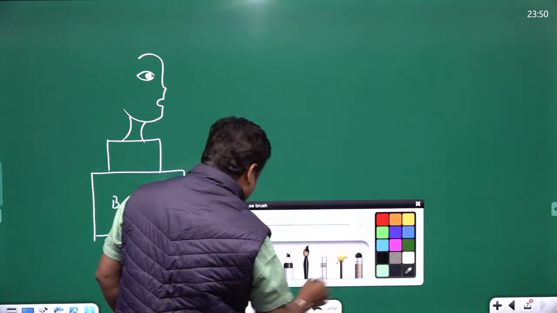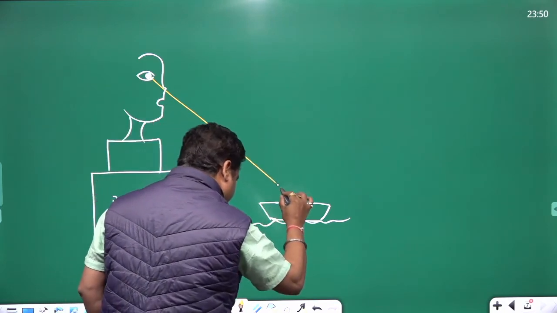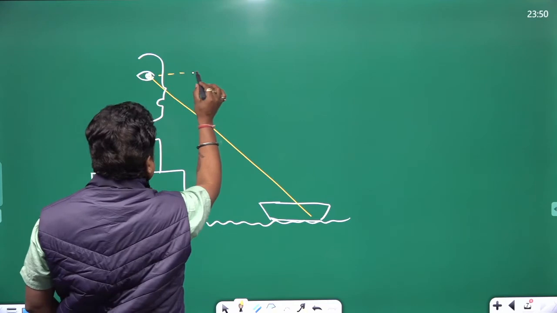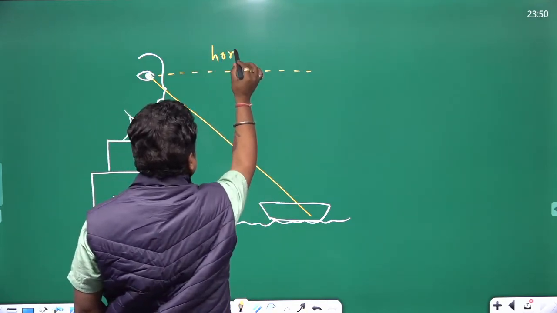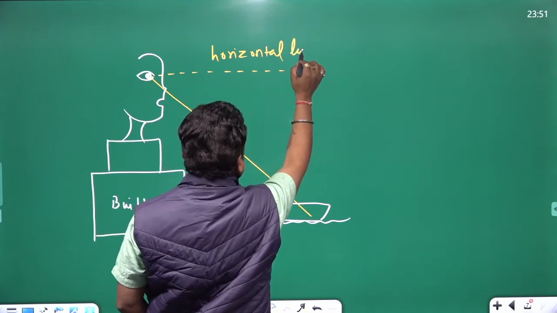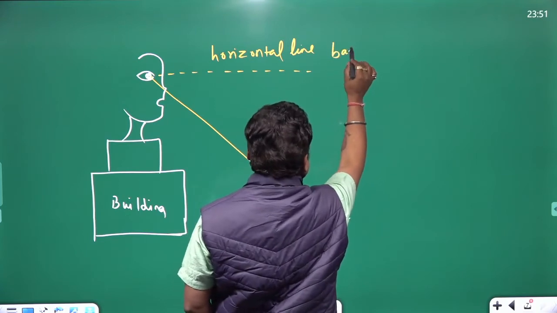And Mr. Bean is observing that boat. So this is the horizontal line, or you can say baseline.